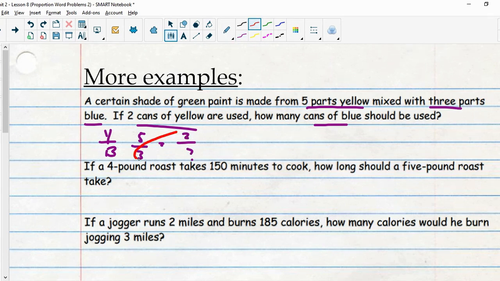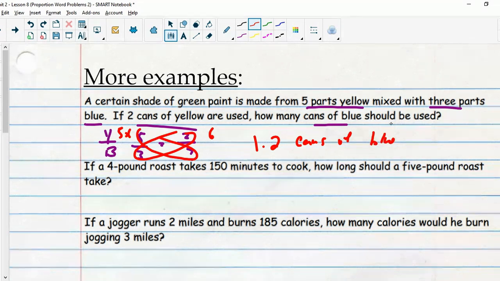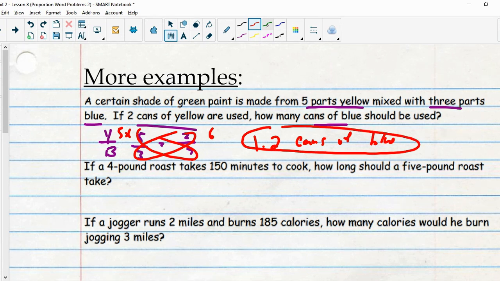So that's 3 times 2 is 6. 5 times what gives you 6? So there we go. Time to use our trusty calculator. 6 divided by 5 is 1.2. 1.2 cans of blue, even though I'm writing it in red. I know, confusing. Okay, moving on.